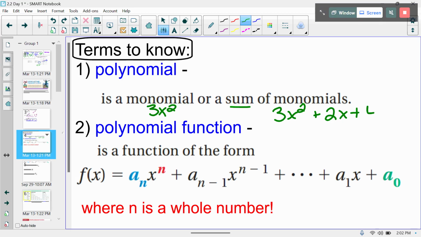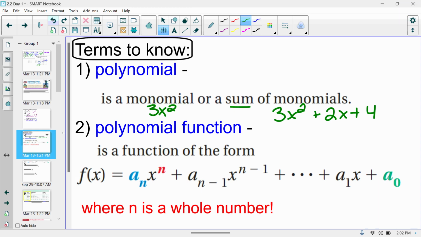It could be a trinomial, okay? Or it could have even more terms than that, because if this exponent is something higher like a 5, then it could have 5 terms in it, okay? But a monomial is what we specifically call it if it only has 1 term in it.